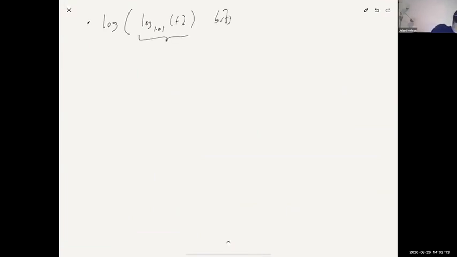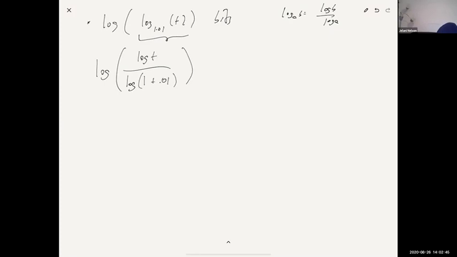Right, and just remember, log base a of b is the same thing as log b over log a. So this is the log of log t over log of, I'll call it 1 plus 0.01.